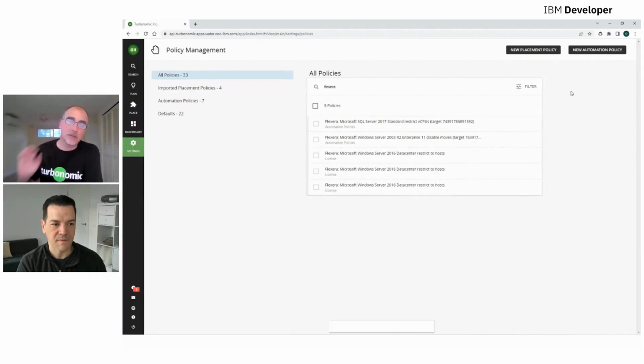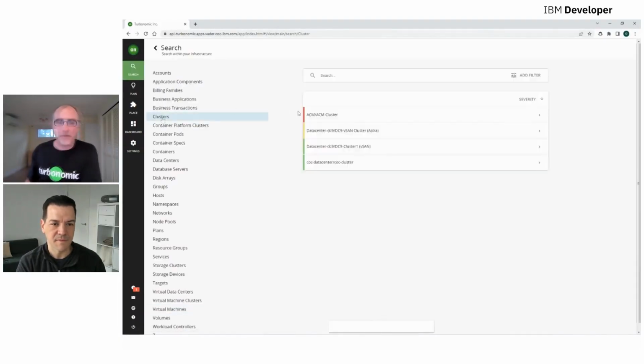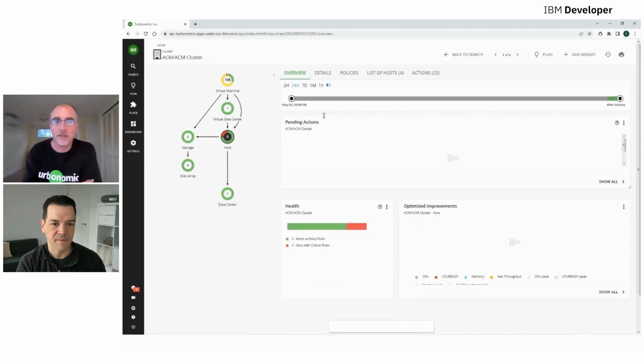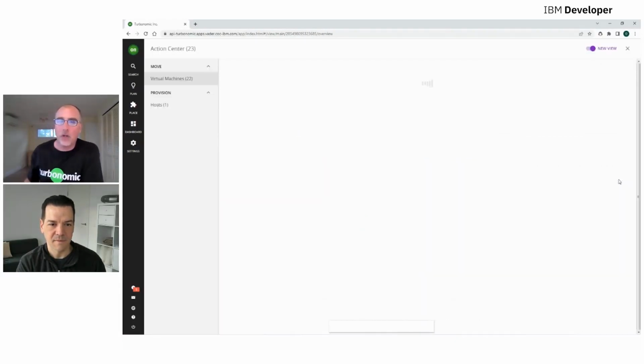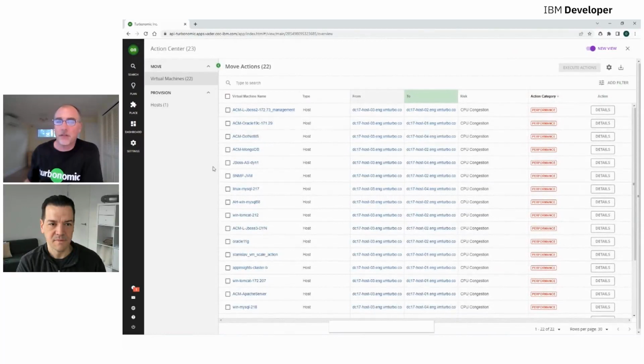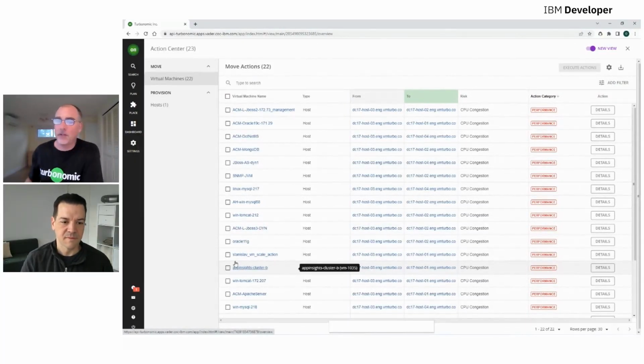So now what happens? Come back over here. Let's take a look at a licensed cluster. Here we go. What happens? We're able to understand where workloads should be placed for performance while taking into account the constraints.